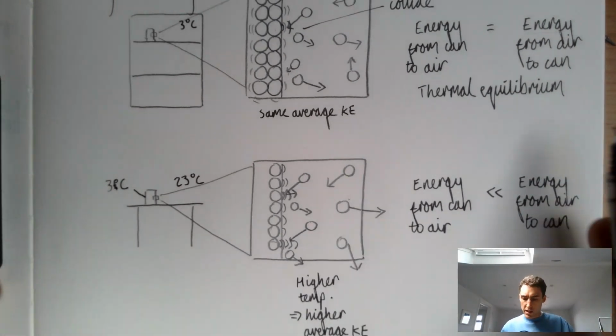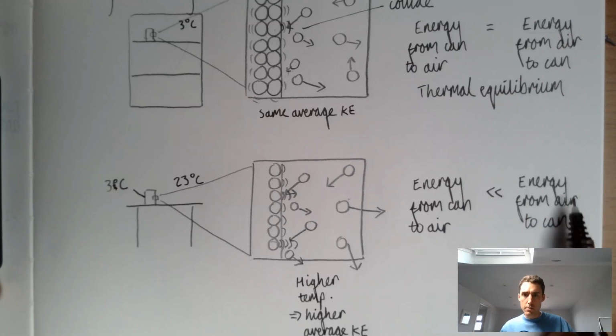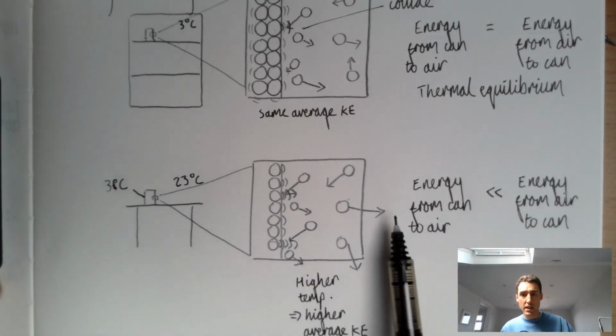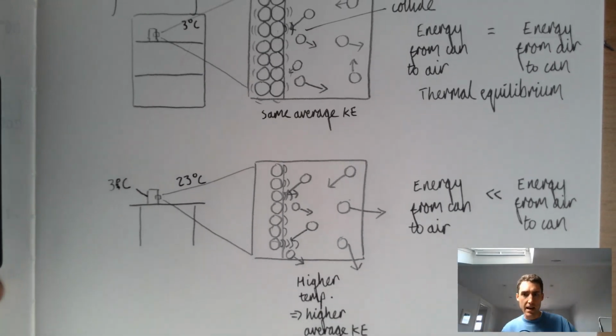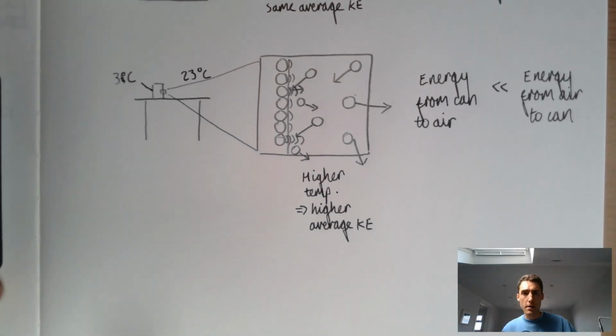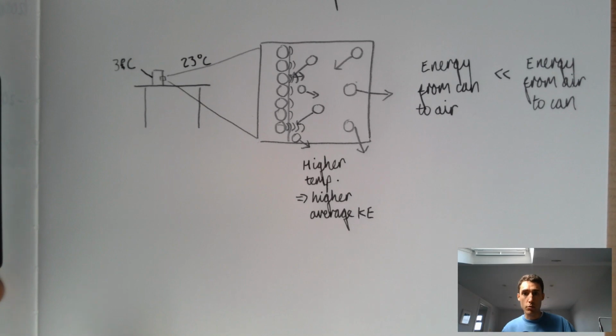So this is not thermal equilibrium, because there's a lot more energy being transferred from the air to the can than there is energy being transferred from the can back to the air, because on average those particles in the air have a lot more kinetic energy.